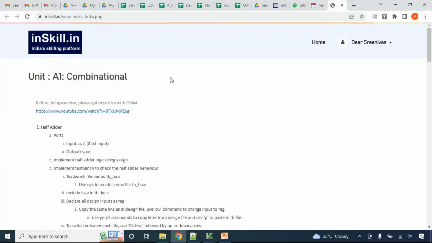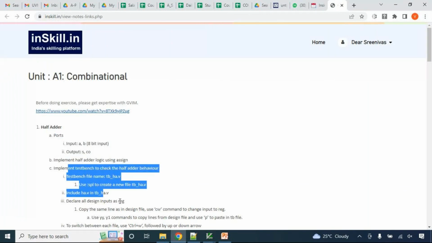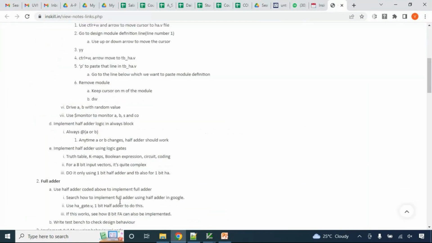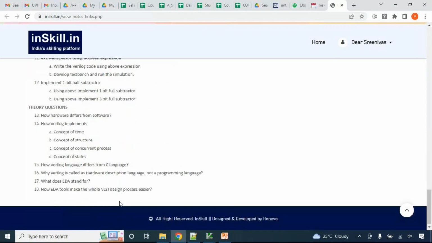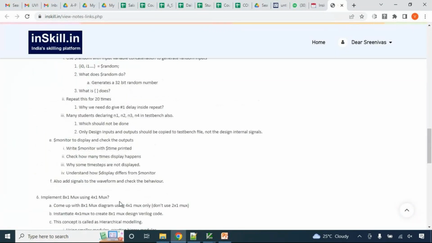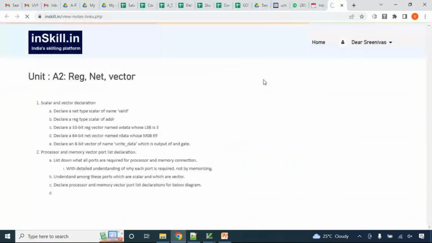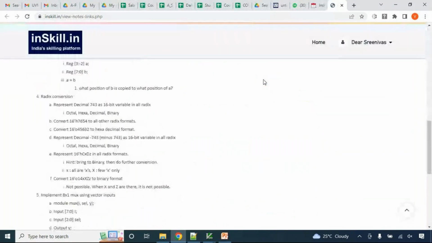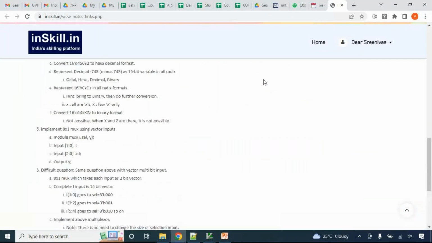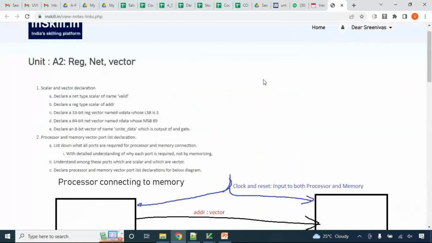It won't be a one line question, do this. We'll give inputs: what to do, how to implement, how to write the test bench. It's going to be a very detailed document which tells everything to do step by step. Not only this, if I take RegNet vector, there will be a detailed explanation of what to do. It's just that you need to have the patience to sit and do this.